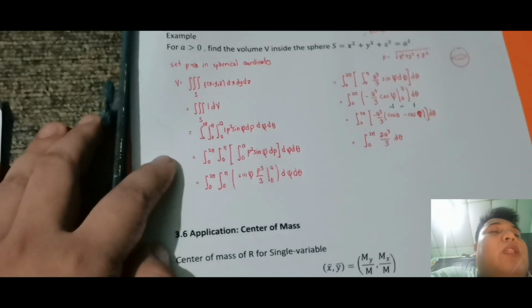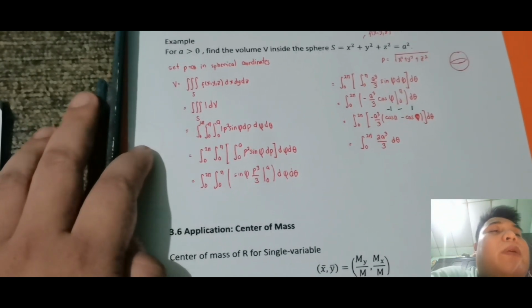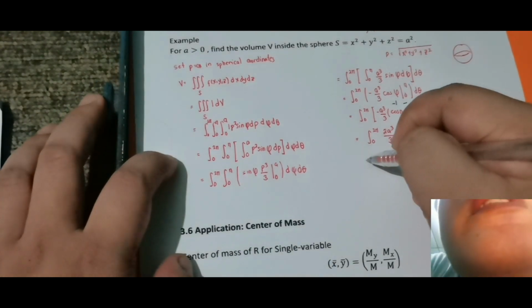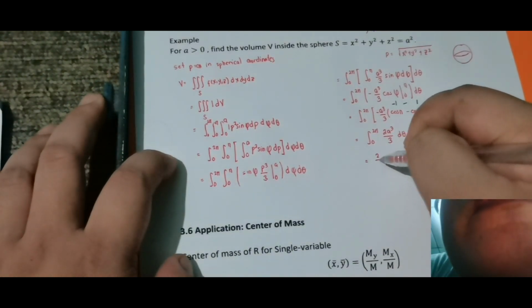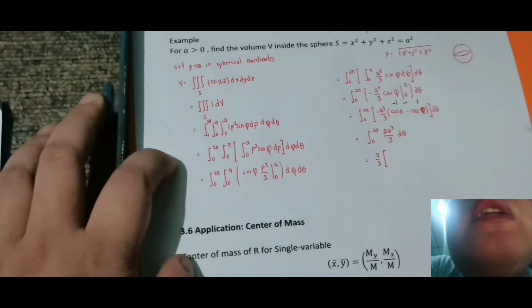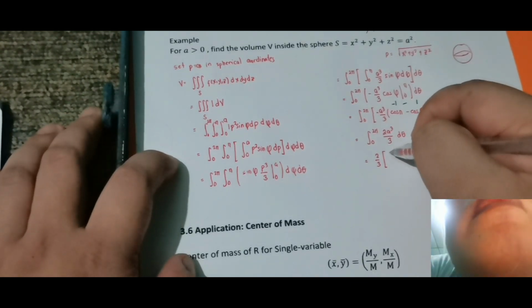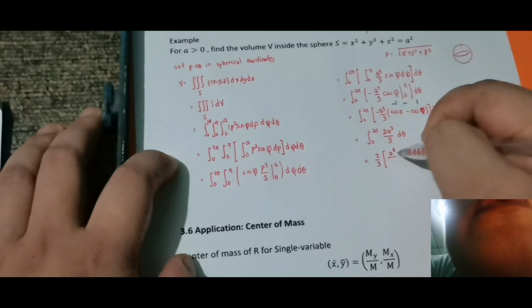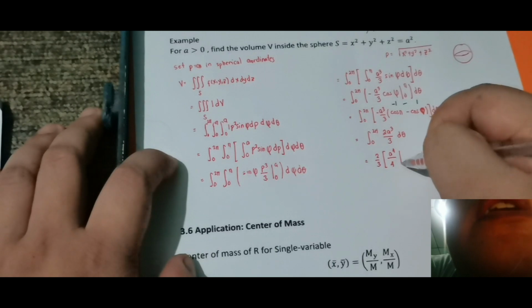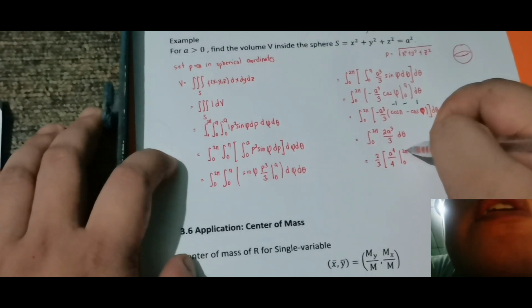Okay, so next is we need to integrate this. Pag in-integrate natin yan, this is just equal sa 2 over 3, labas ko lang yung 2 over 3 multiplied by integral ng a cube, which is simply a to the fourth over 4. Then, the boundary is from 0 to 2 pi.